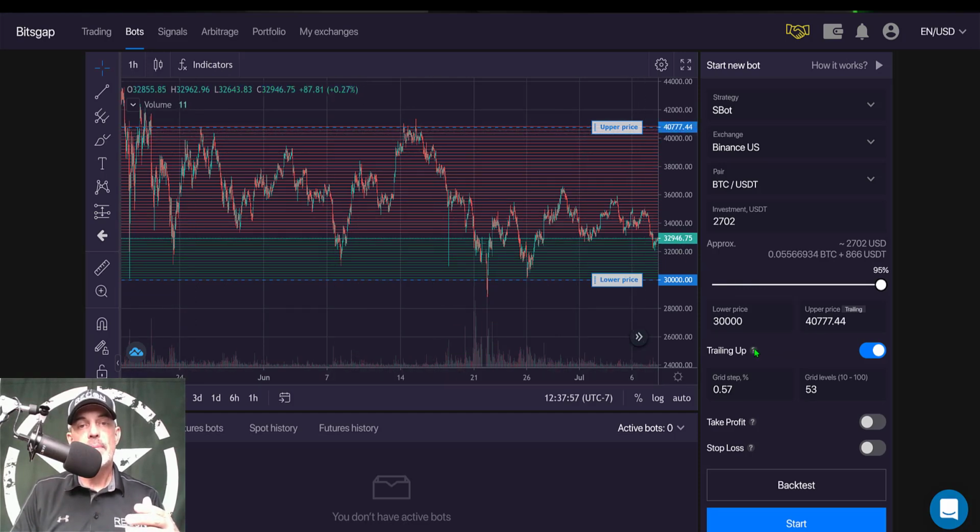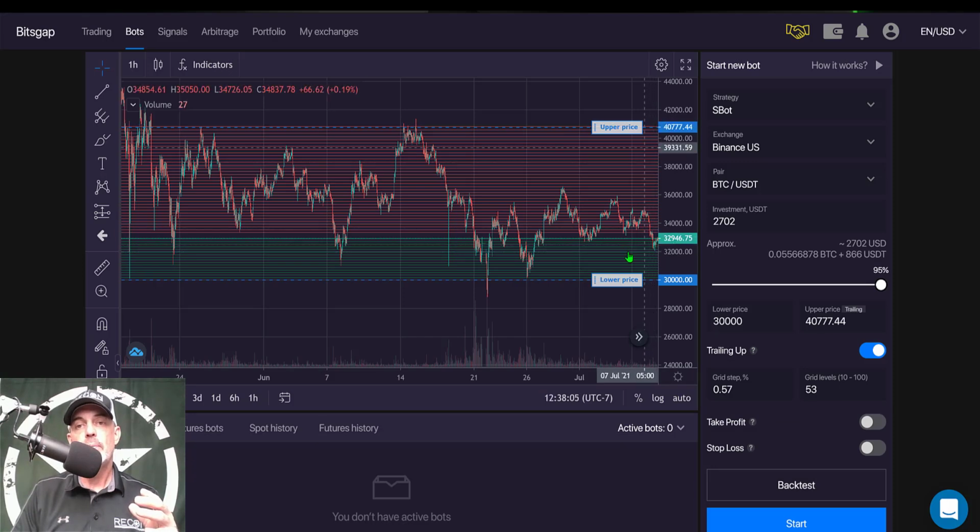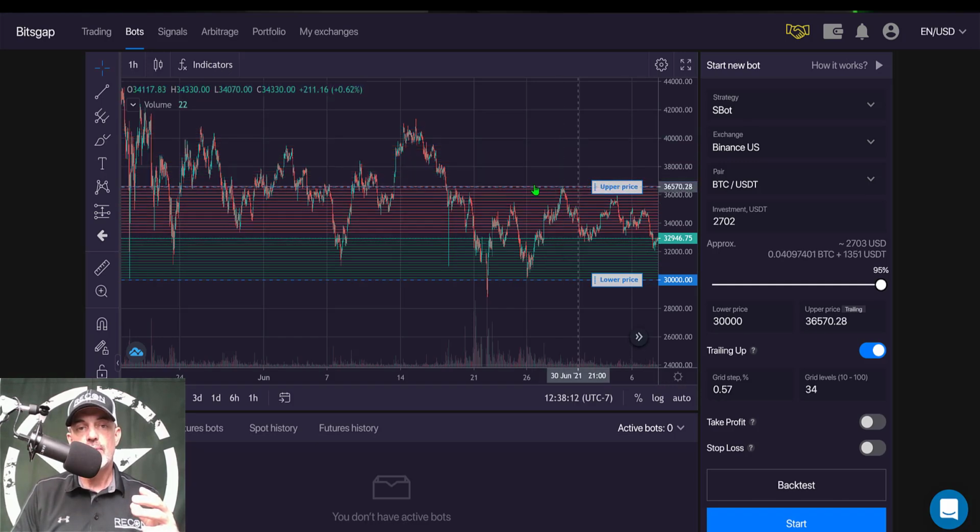However, since Bitsgap has the trailing up feature built into their grid bots, that feature will allow the grid to move up when the price moves up above your upper price level. So if I drag my upper price level down into, say, this resistance level, call it 36,000, and the price action is able to breach above this level and continue up, the grid will actually follow that price action up, and therefore I'll still be in the action.